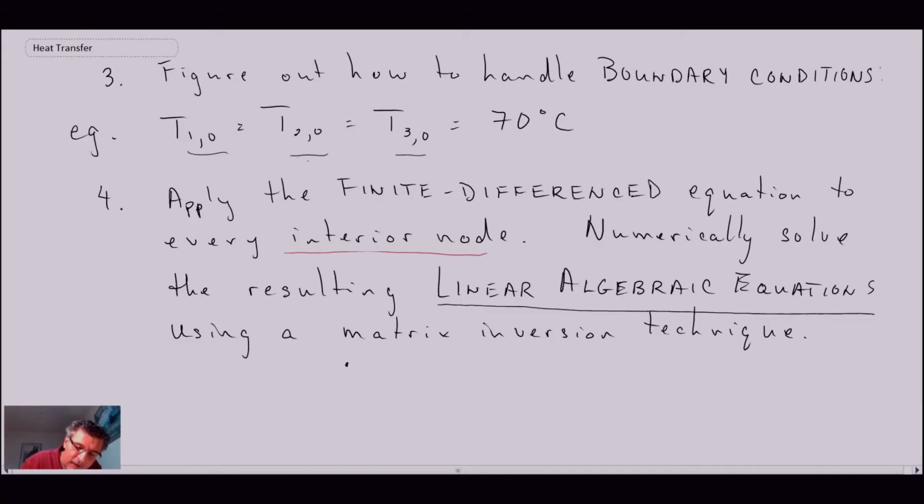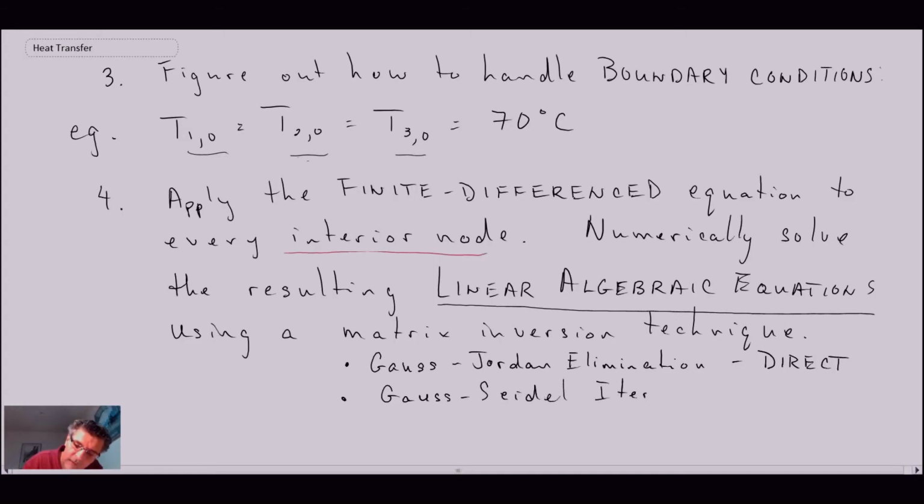And if you look in numerical methods textbooks, there are different methods of doing matrix inversion for linear algebraic equations. One is the Gauss-Jordan elimination technique, and this is a direct method. Another one is the Gauss-Seidel technique, and this one requires iteration.